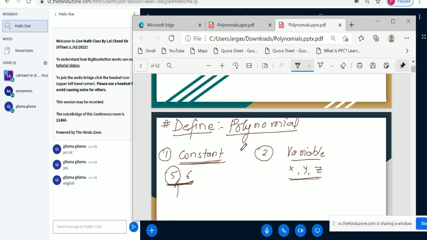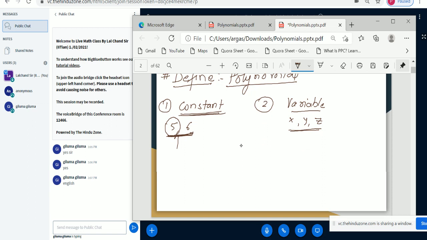Okay, so a polynomial is an algebraic expression which involves constants and variables. So a polynomial is basically a combination of these two things, constant and variable.